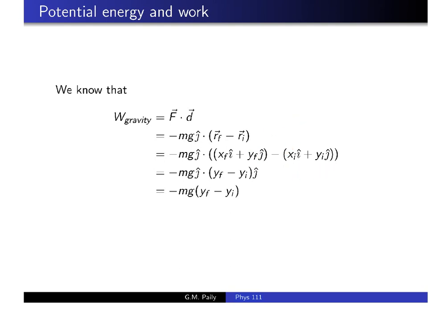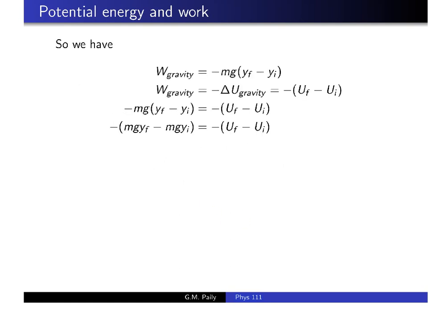And we can distribute the minus signs and then do the dot product. And we know that only the j hat with j hat term will survive, and so our final answer is minus mg times y final minus y initial. Okay, so this is the result we just calculated.